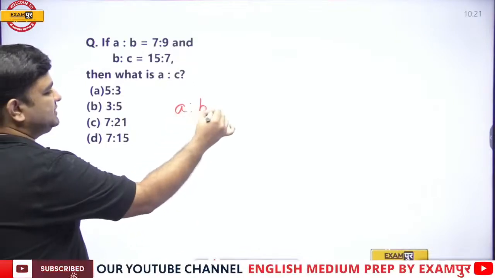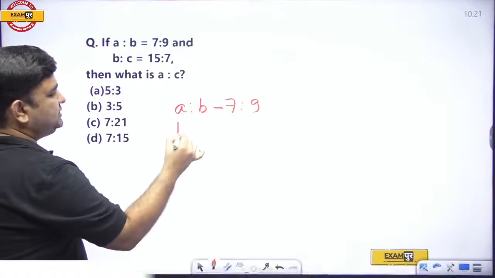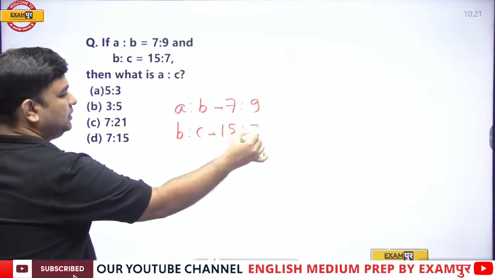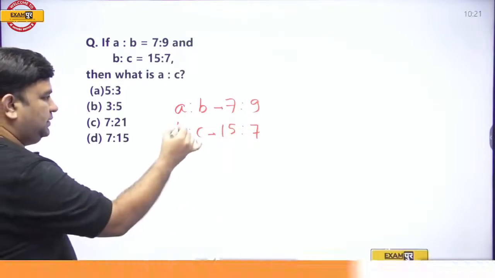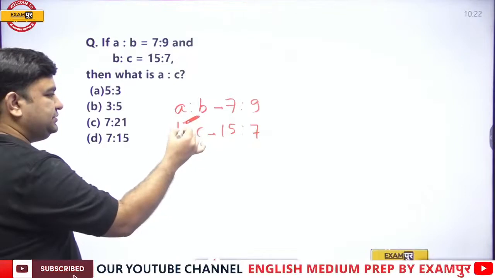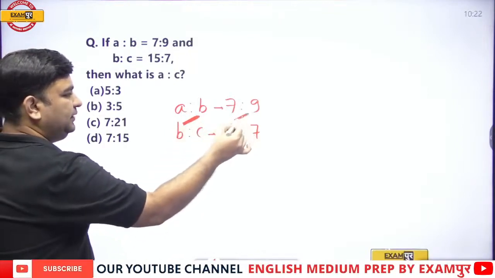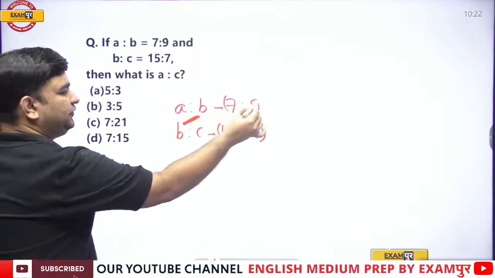A ratio B is given as 7 ratio 9. B ratio C is given as 15 ratio 7. B is the connection. 9 and 15 are both multiples of 3.